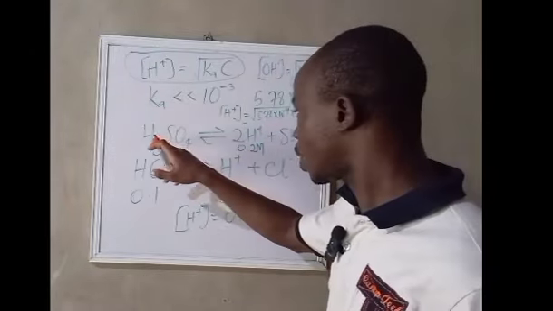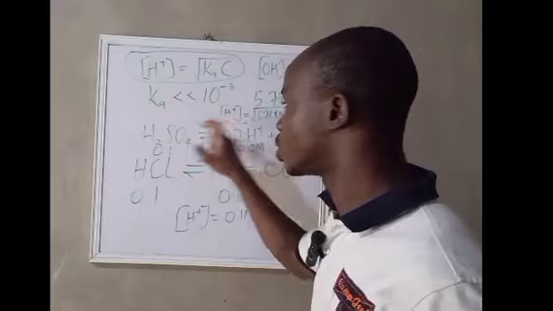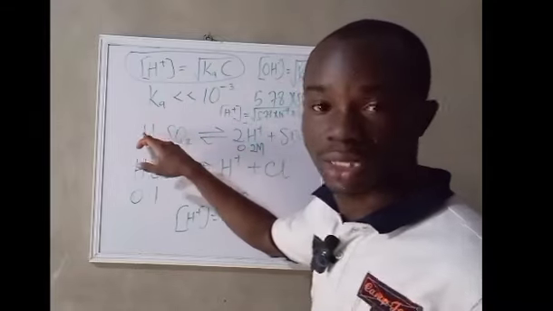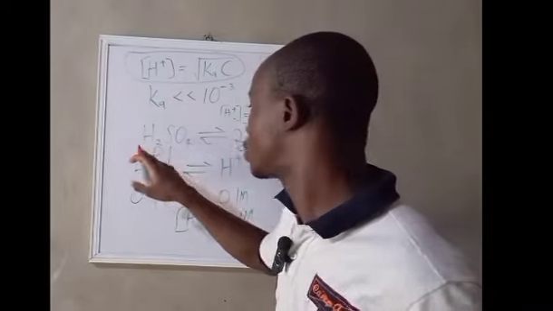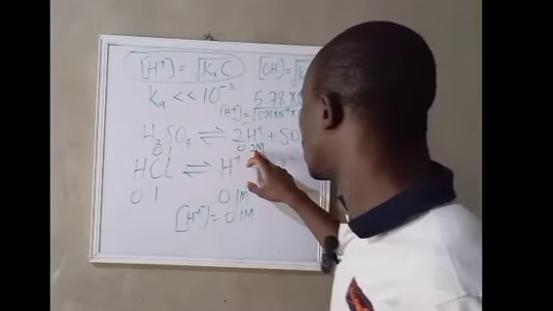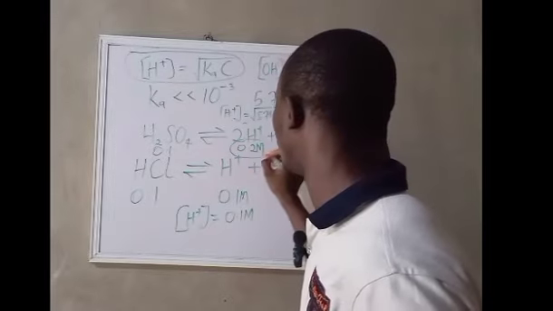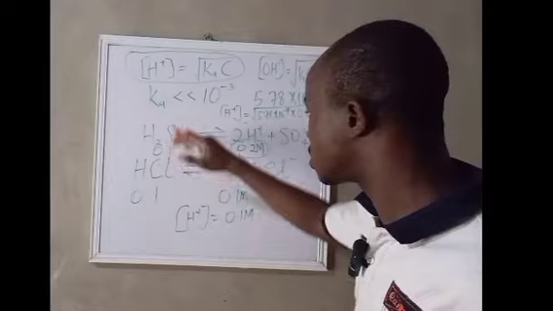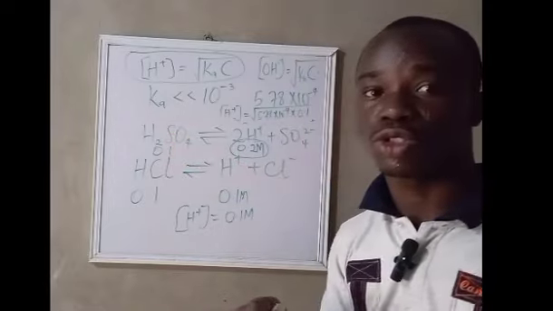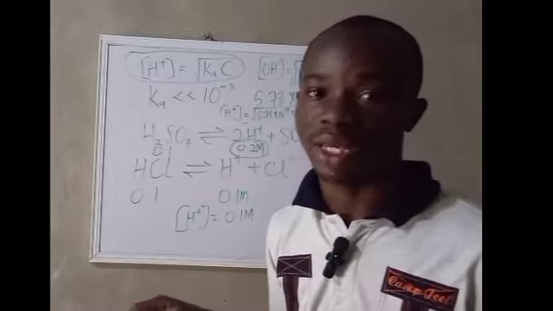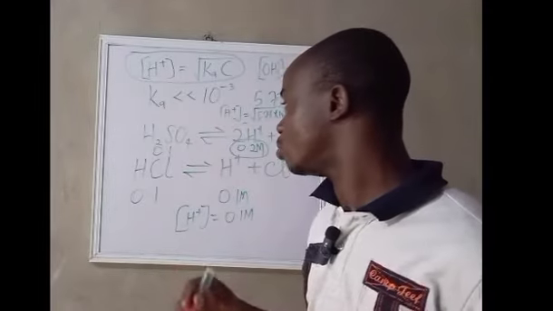So the amount of H+ produced stoichiometrically will be 2 times the amount of acid that you have. So 0.1 of this will produce 0.2 molar of H+, and this will be the concentration of H+ you use to determine the pH, since these two are strong acids which dissociate completely. You don't need to apply Ka, and that's how to go about that.